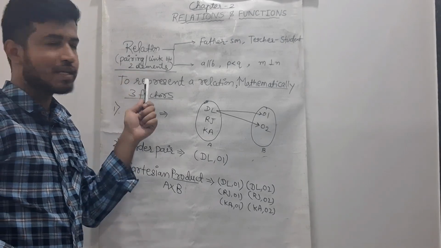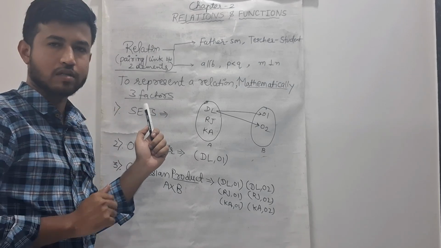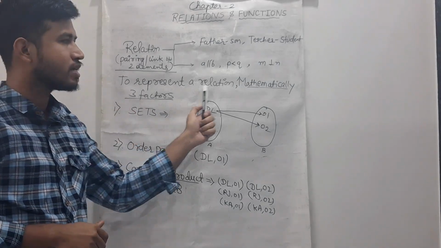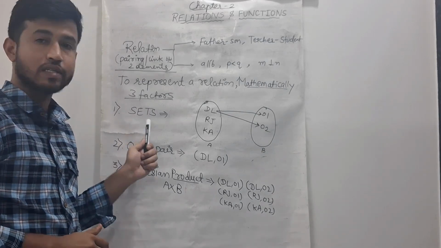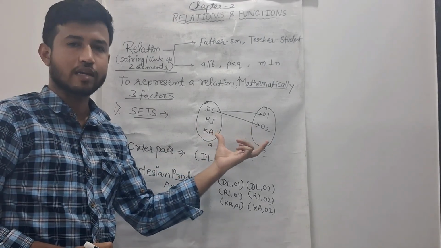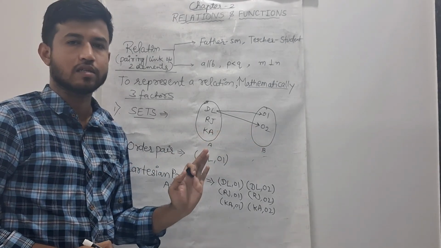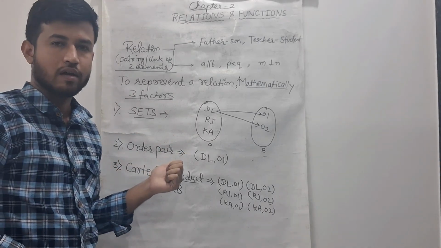So what do we mean by relation? It simply means pairing or link or connection between two elements. To represent a relation mathematically, we need three elements. First, we need sets, meaning two sets are needed to define a relation. This is the first condition. Second, we need ordered pair.